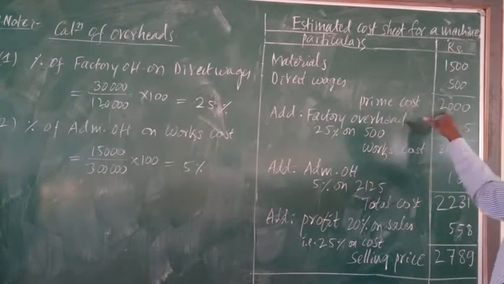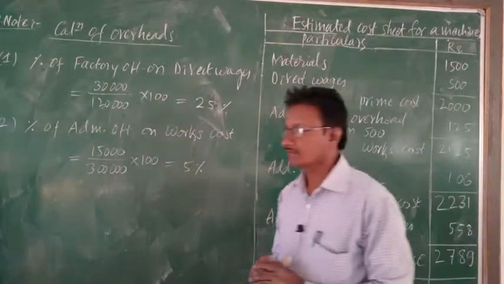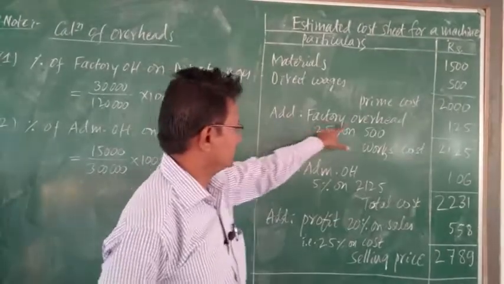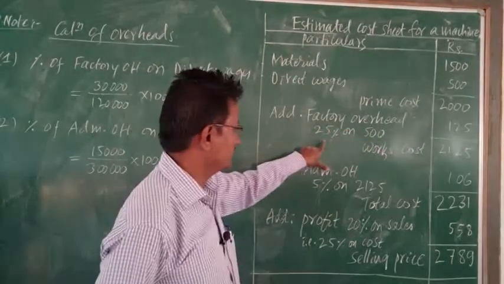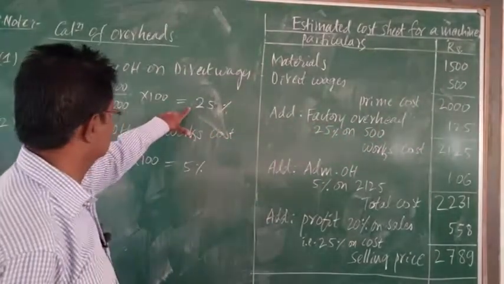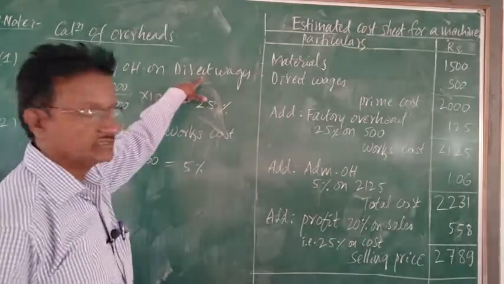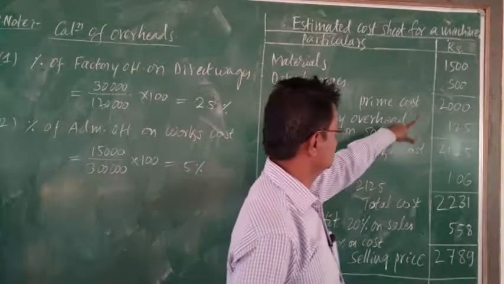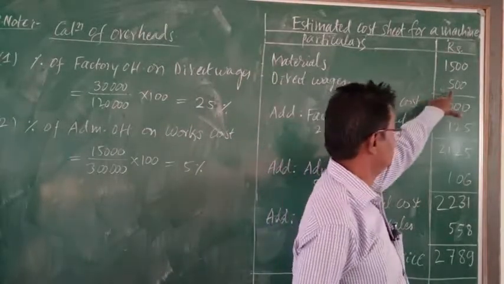To the prime cost we have to add factory overhead. Factory overhead is 25% on direct wages. Here direct wages is 500.